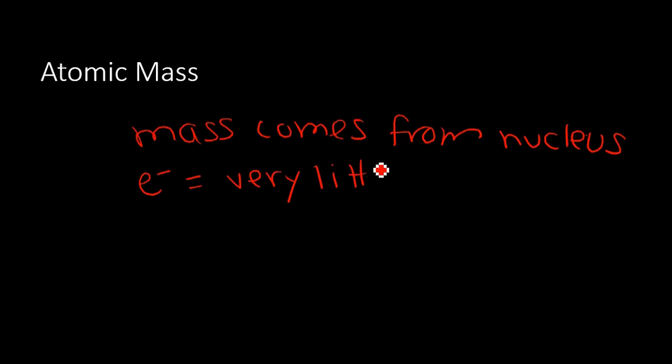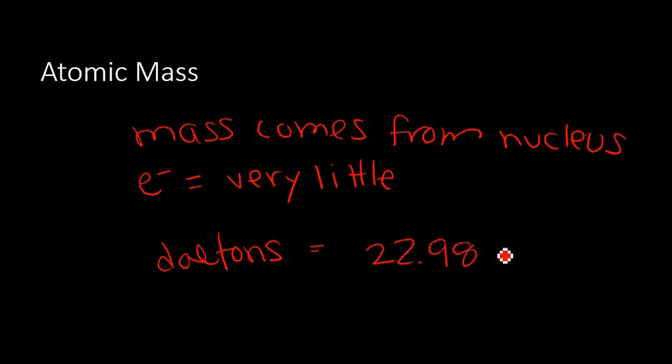So a big part of your atomic mass comes from the neutrons and the protons, okay? So that would be expressed in Daltons, and that's that number that typically has the decimal. So for sodium, the atomic mass is 22.98980. Okay. Sometimes though they'll abbreviate it to say it's 23 Daltons.